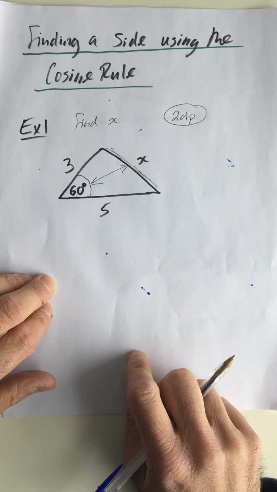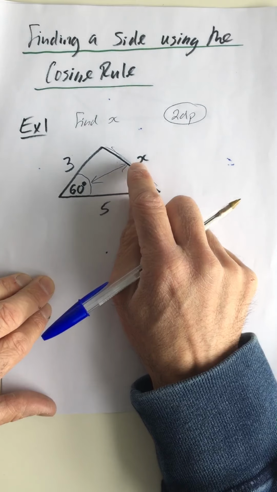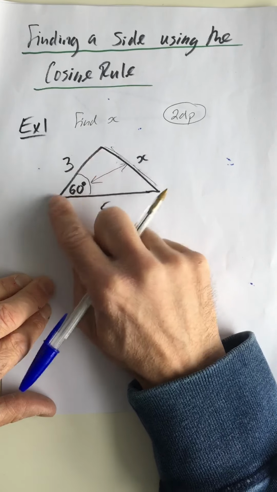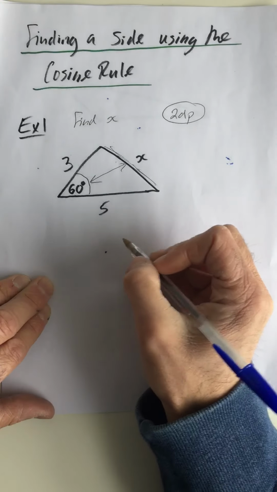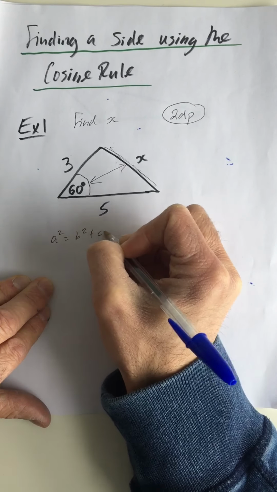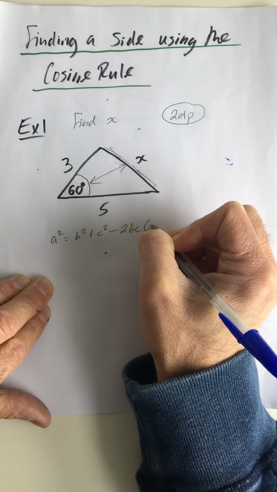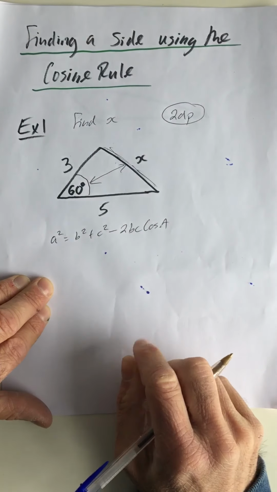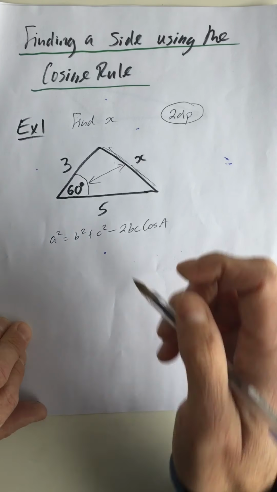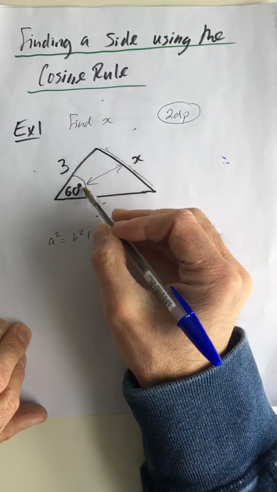So that's how you check if you can use the cosine rule: if you know the angle across from the side you're looking for and you know the other two arms of the triangle, then you can use it. Now this is how you use it. You can write down a squared equals b squared plus c squared minus 2bc cos a. And there's two ways to go about doing this. I'll use my method first, which is just because x and 60 are the most important in this one.